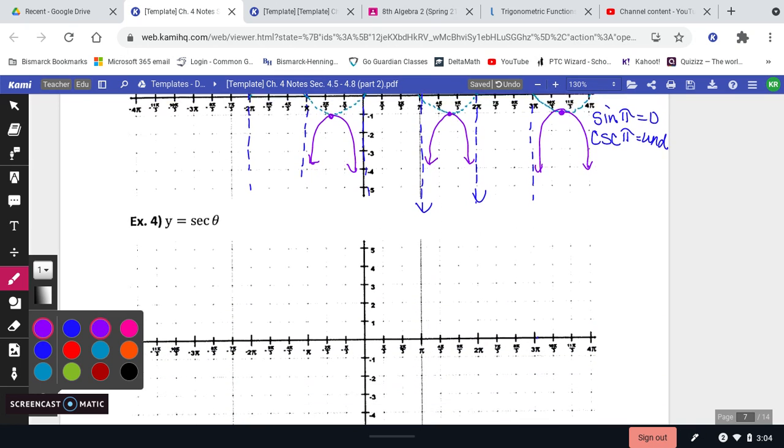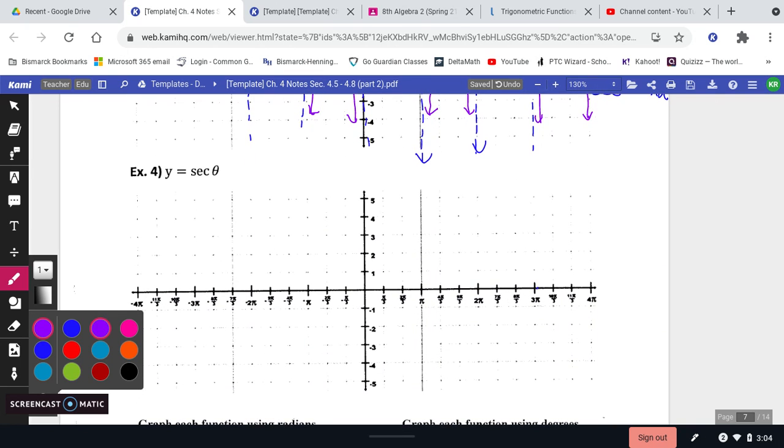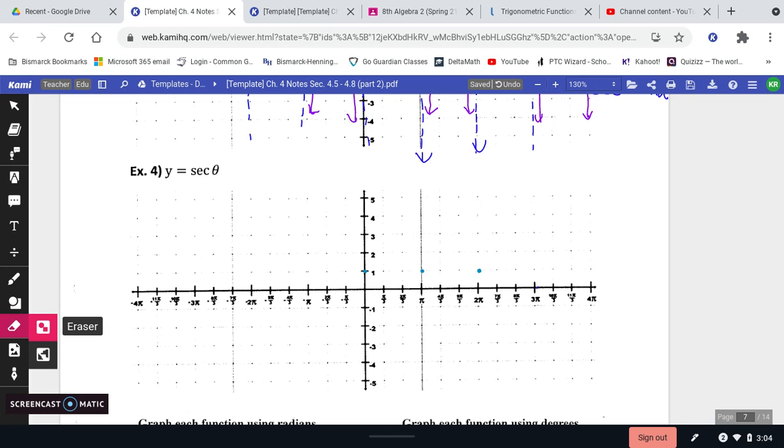Then secant works similarly, except with cosine. So same kind of thing. Again, cosine starts at 1, and this period is 2 pi. So it starts at 1, and it's going to go down here. It's going to come back up, and there's one cycle of your cosine.